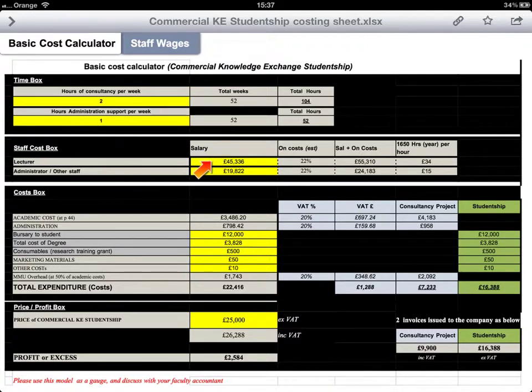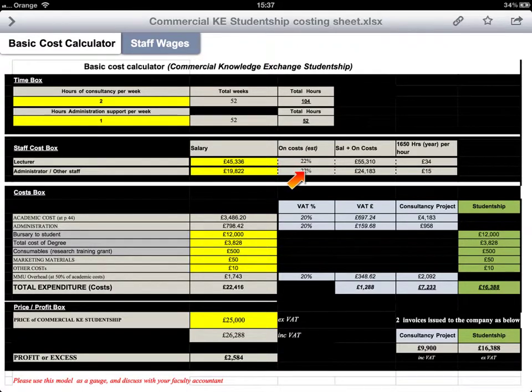This has all the HERA wage rates in it. If you look at the sheet staff wages, on here it's at the top, but actually on normal Excel it's at the bottom. Click on that tab and you'll see all the different staff wages with all of the spine points. So you'll be able to find your spine point or the relevant spine points along there and put in the correct wage associated with that. And the same for the other member of staff or administrator, should you want to use them.